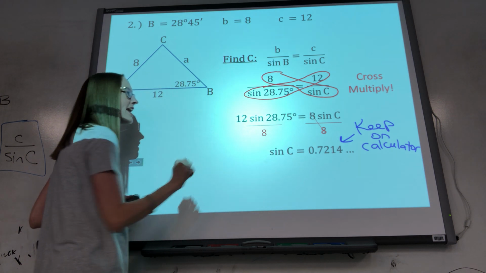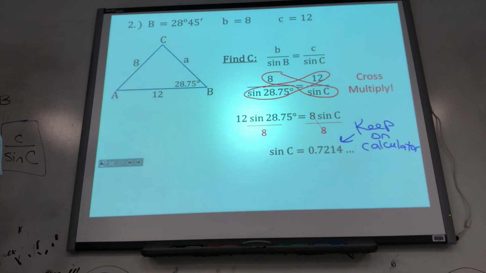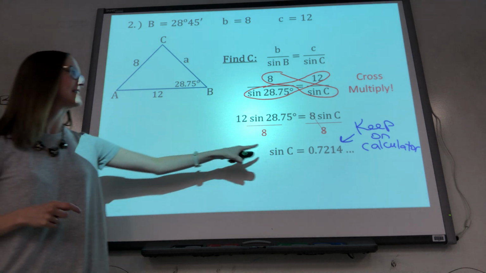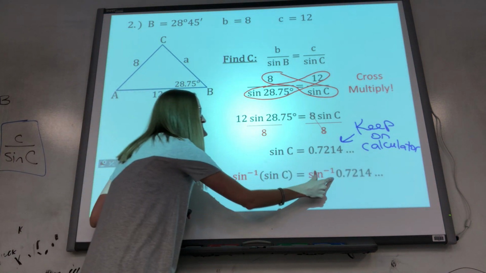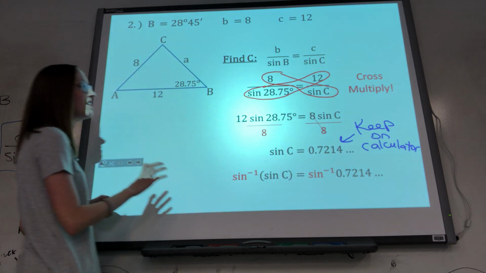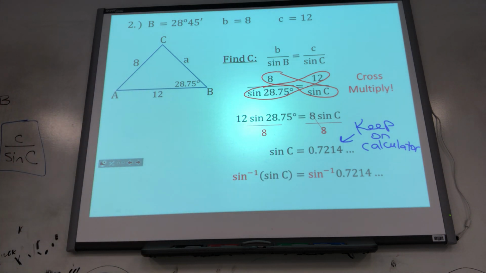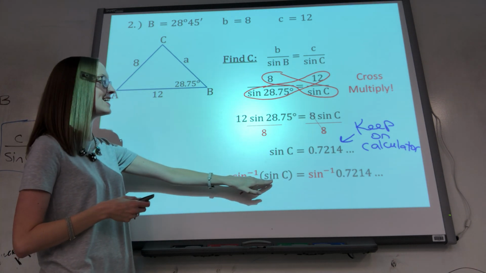Anybody remember how to get rid of a sine in front? What cancels out with sine? Inverse sine. Yeah, we're going to have to inverse sine both sides of that equation to get rid of the sine.